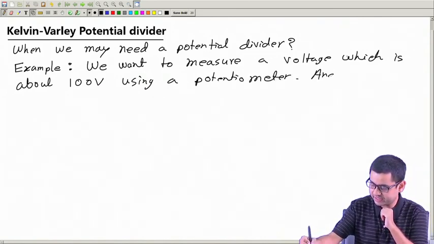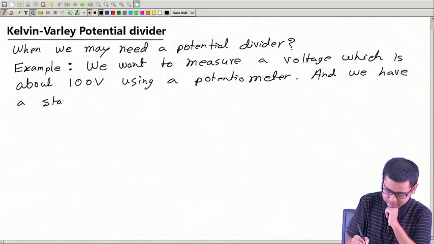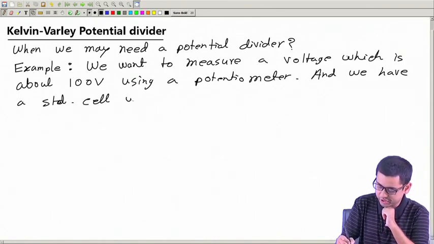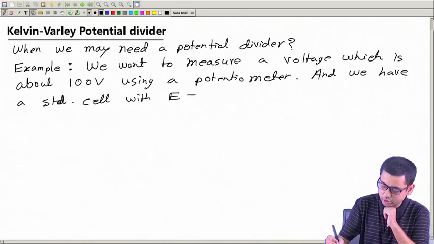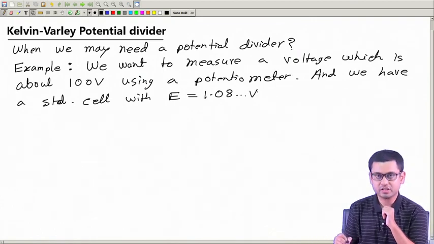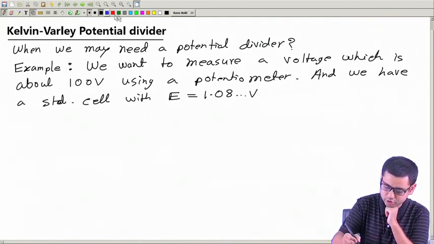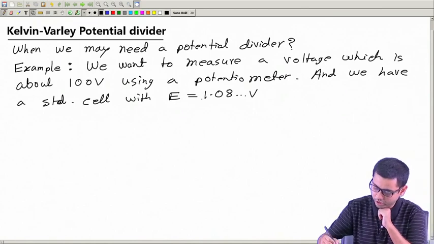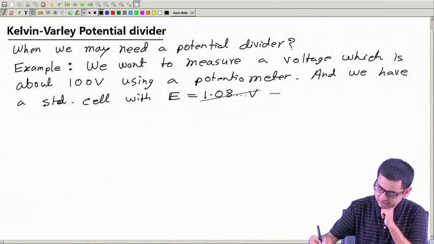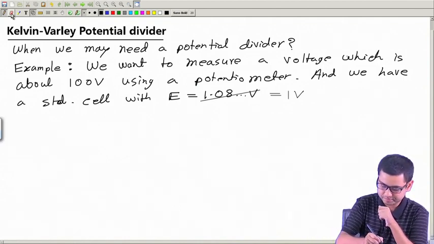And we have a standard cell with EMF E equal to 1.08 something. Okay. So, let us take it for ease of calculation to be 1 volt only.